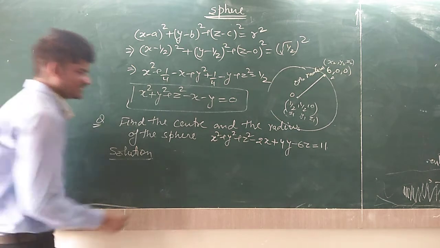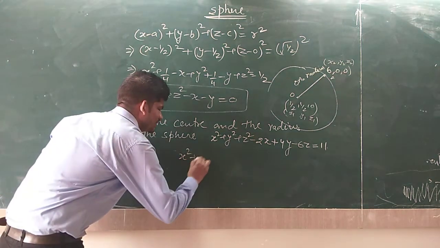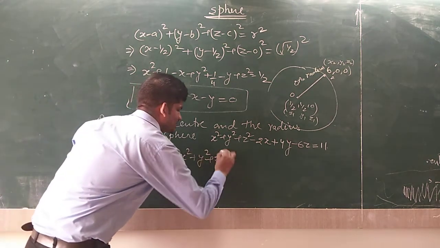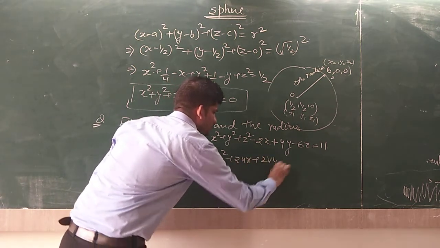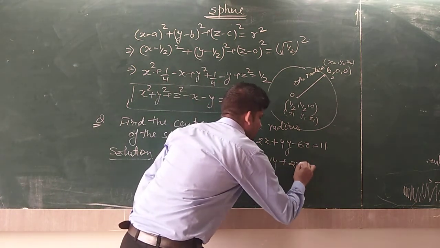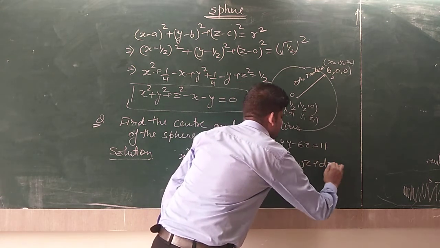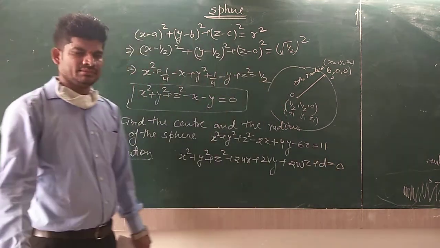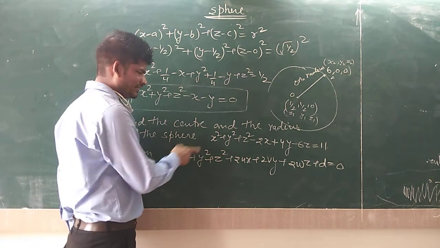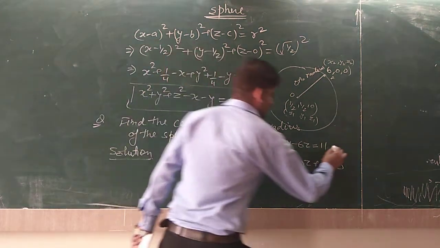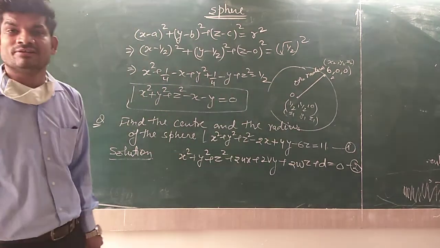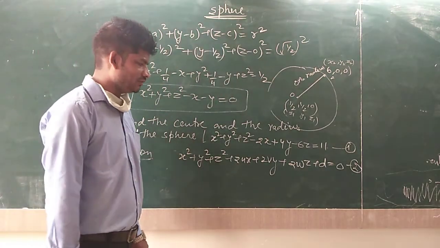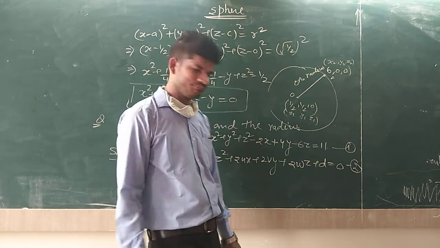The general form of the sphere is x square plus y square plus z square plus 2ux plus 2vy plus 2wz plus d equal to 0. Then comparing equation number 1 and equation number 2, we find the values of u, v, w and d.